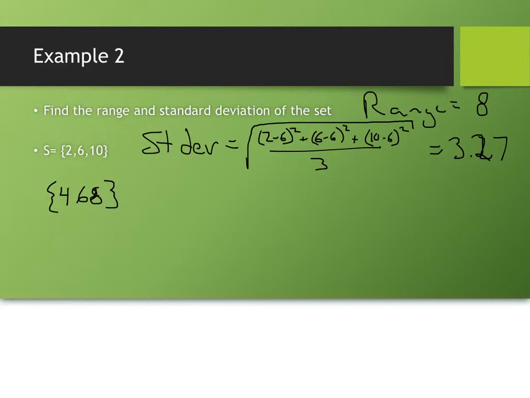And because we had a tighter grouping, my standard deviation was significantly lower. In fact, if you recall, it was 1.63. So the more spread out a set gets, the higher the standard deviation is going to be. And by spread out, I mean each individual element.